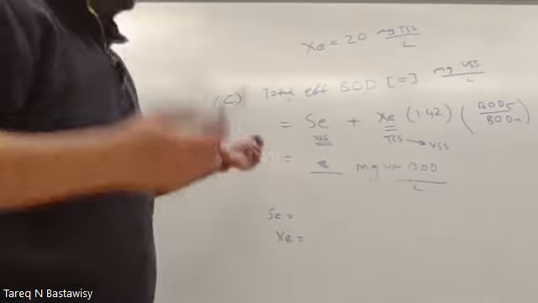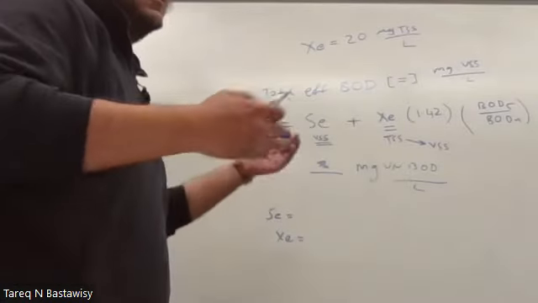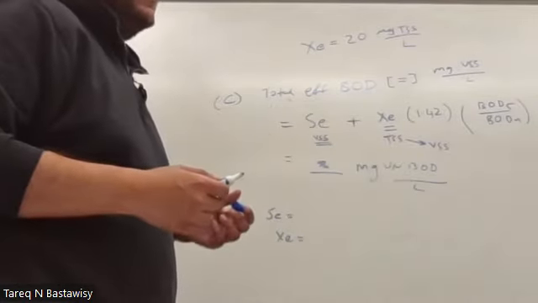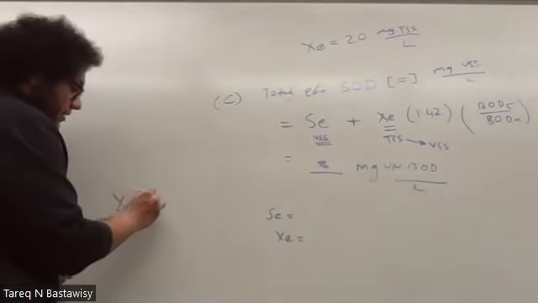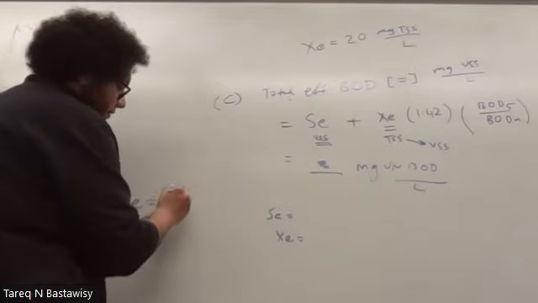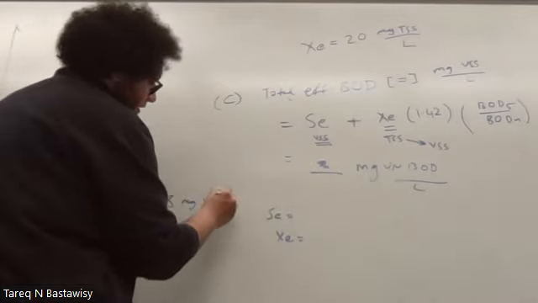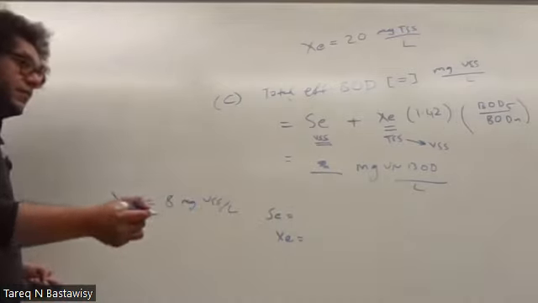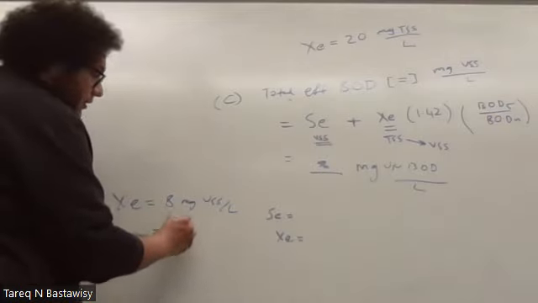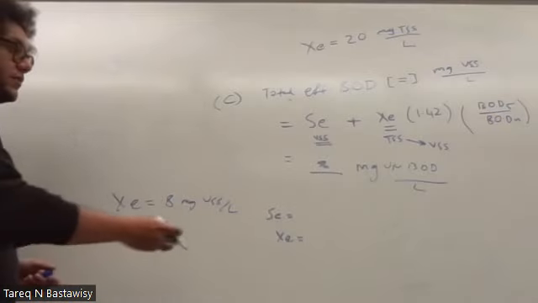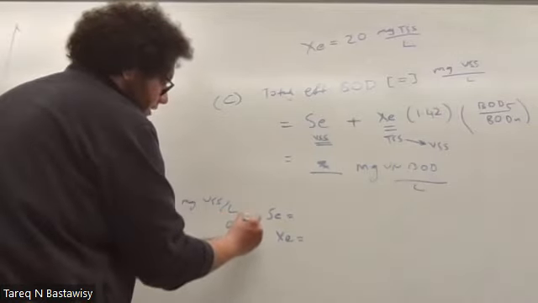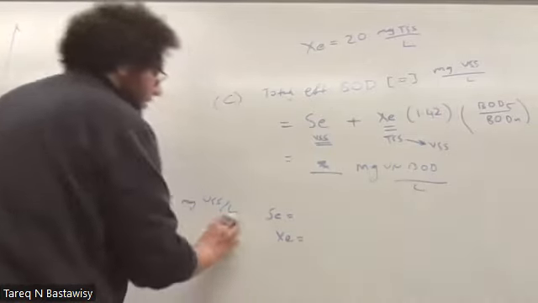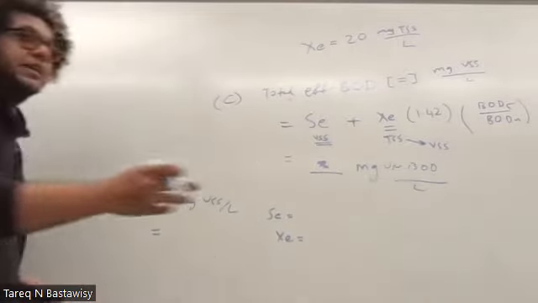It is not the correct representation, but you could write it in TSS if you want to, that's fine. Let's say I had an XE reported as 8 milligrams VSS per liter. If I have a coworker that does not like me, he will report it in TSS. He'll just change the units using that conversion rate, the 0.8. But if you want to convert from VSS to TSS, you'll have to divide by 0.8.